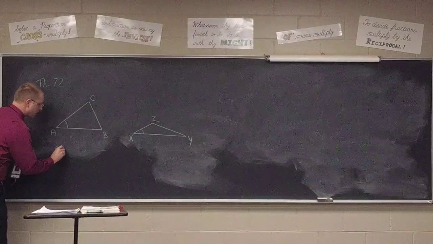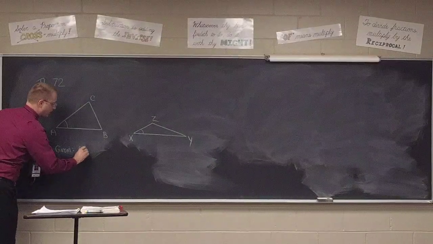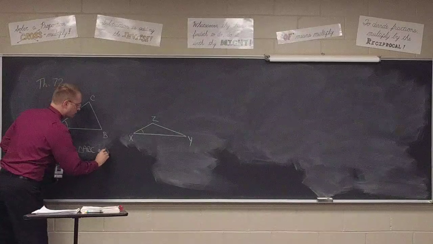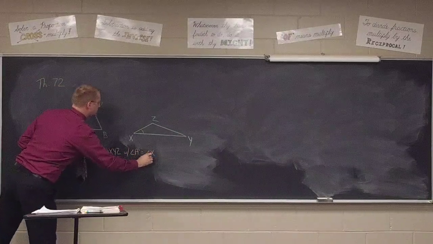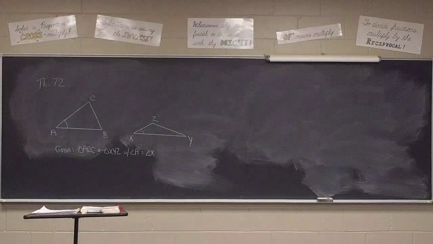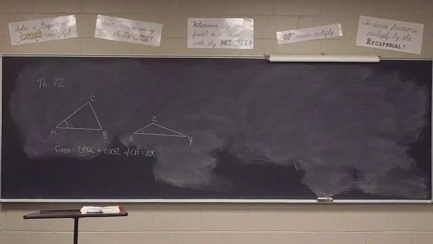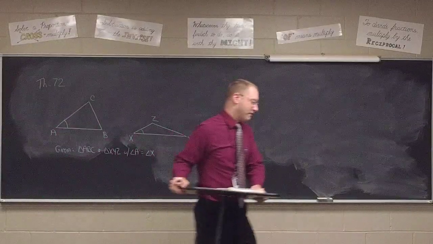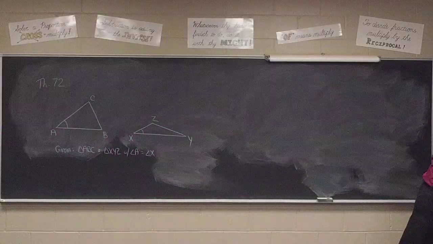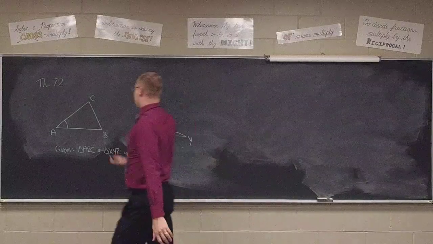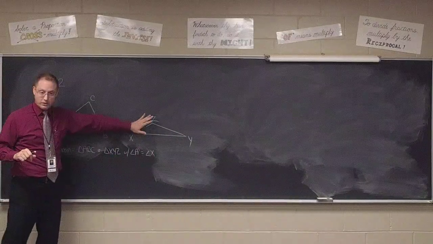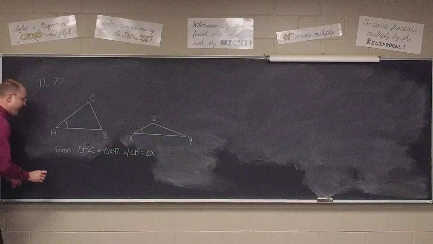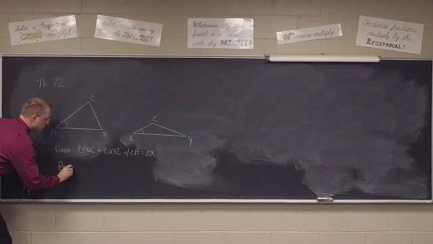So, given triangle ABC and triangle XYZ with angle A equal to angle X. That's all we know, is that one angle of one equals one angle of the other. Once you have that down, well, let's get at what we're trying to prove. It said to prove that if an angle of one triangle equals an angle of another, then the areas are to each other.